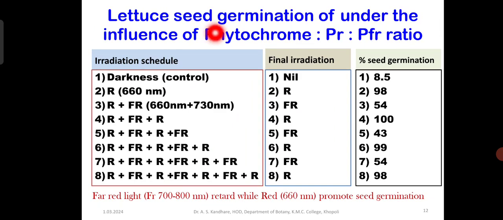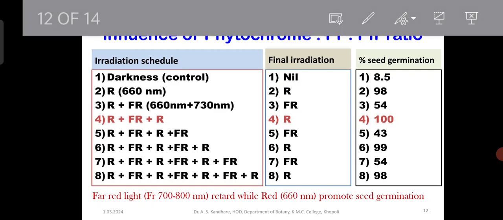So this is the conclusion, and you will see how this particular ratio works. So in this case number 4, you can see here is a combination of red and far red, and there is 100% seed germination. So this is the important thing. So this indicates a specific ratio is required for 100% seed germination, is it?